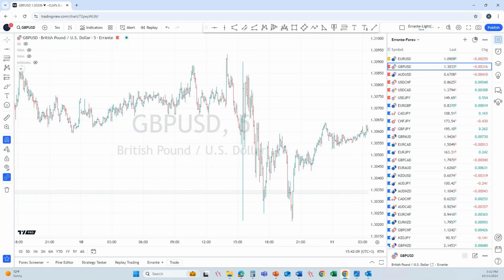So when you can combine it with your trend momentum and market tops and market bottoms, that would be a very clear sign of market or price reversal.